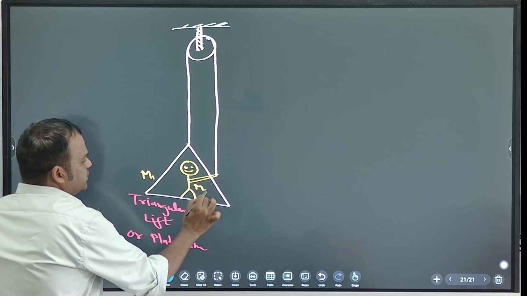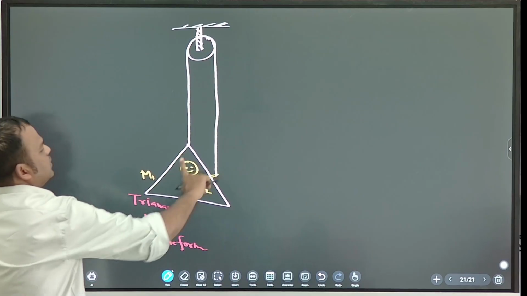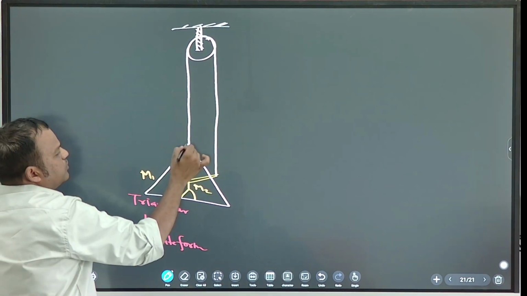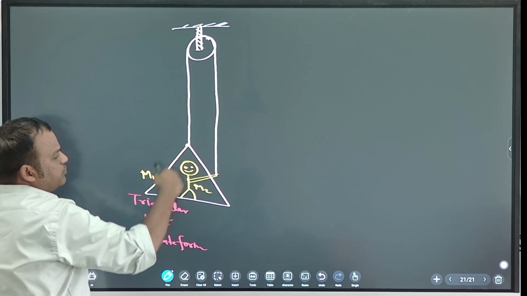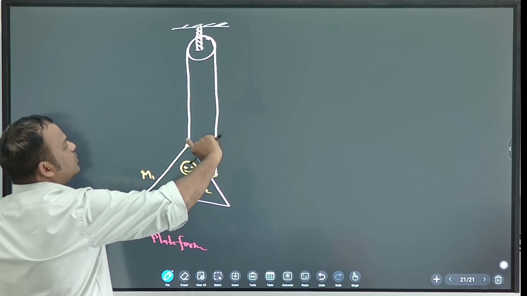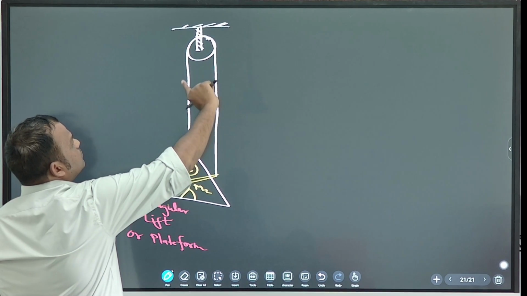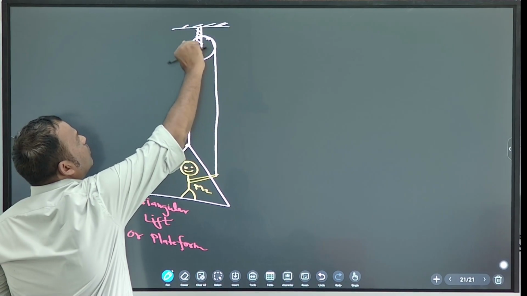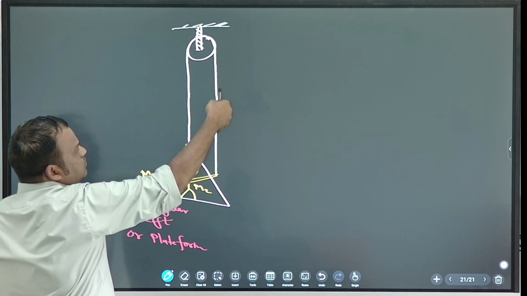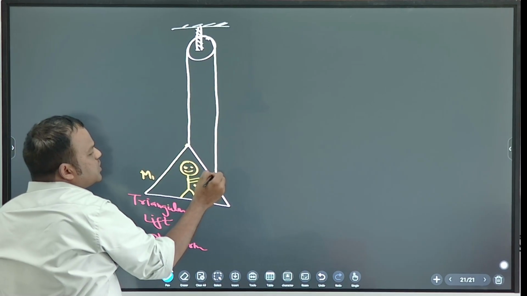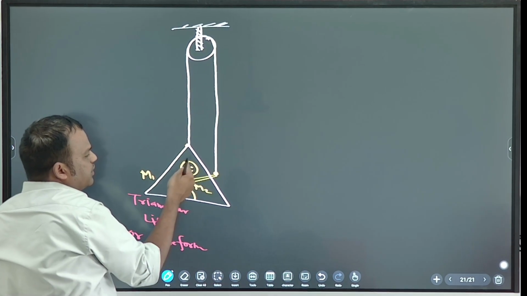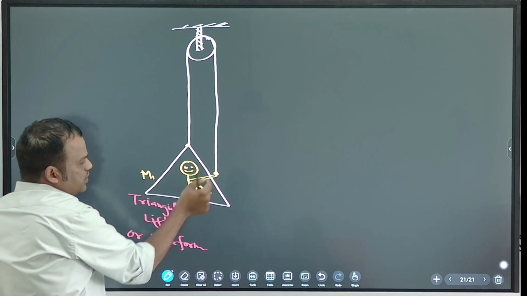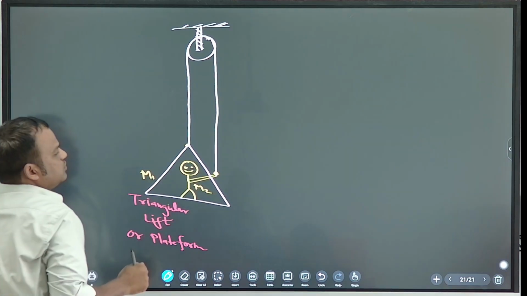Mass of person is m2. Now the string is connected to the triangular platform here. This string goes over the pulley. The other end of the string is held by the person.